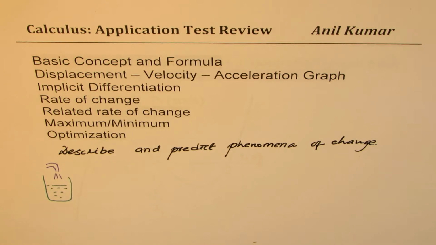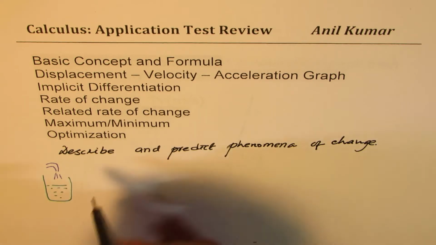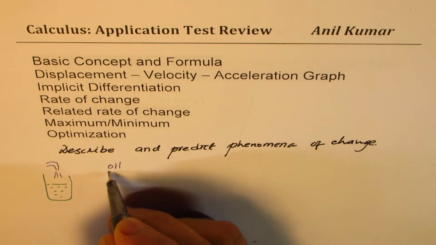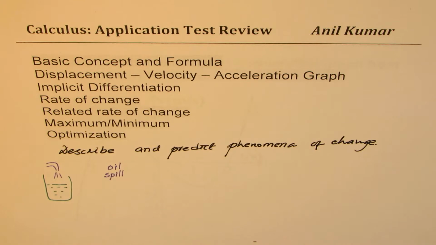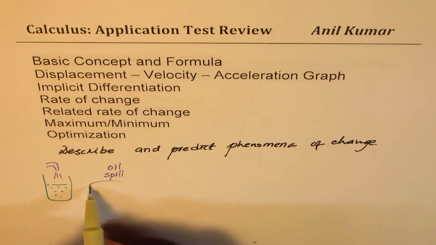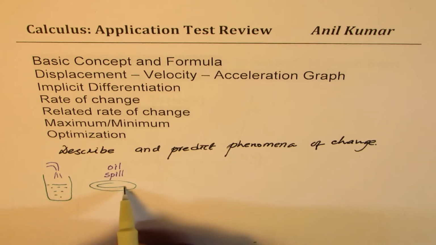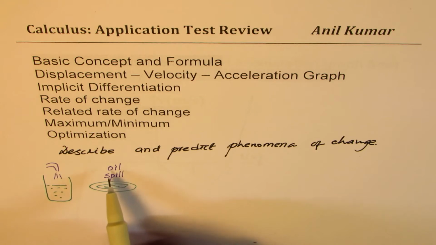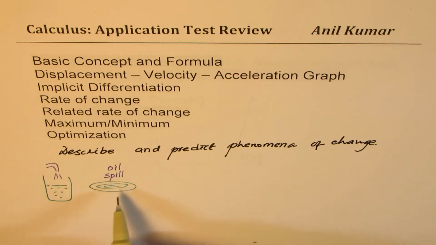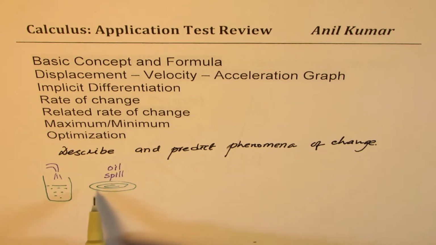You could also see examples where there is an oil spill, for example. Now that is volume. And what really happens here is that the oil spreads over the surface. Correct. So we could predict with the rate of oil spill, at what rate the oil is spreading on the surface of water. Likewise, there are so many applications.